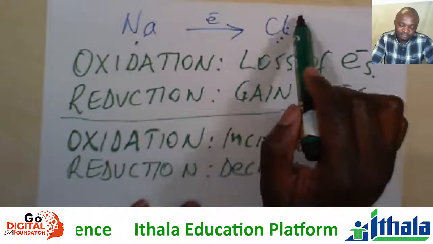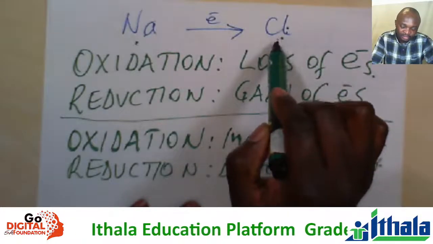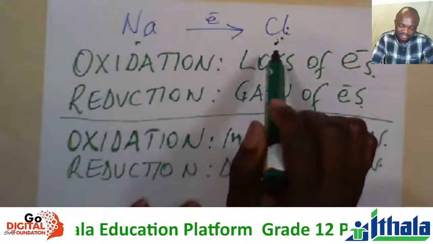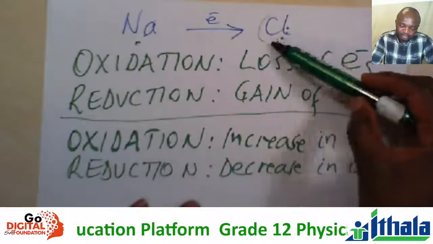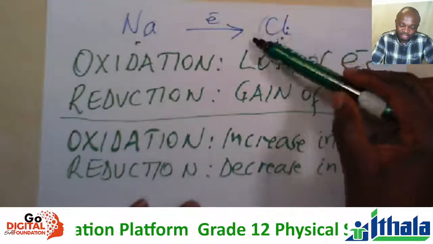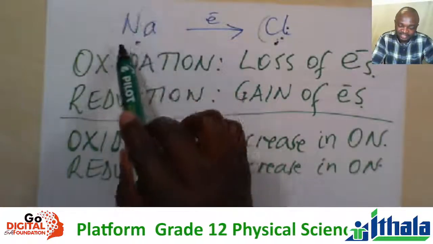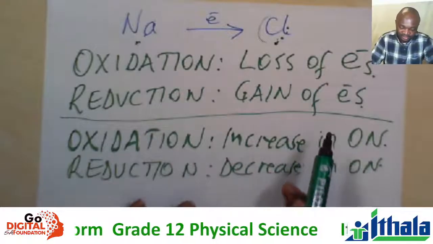So chlorine sombiza ngo-oxidizing agent, ngoba chlorine yona isizathu sokuthi usodium abe oxidized. Chlorine ube reduced ngenxa ka sodium. So usodium sombiza ngani? I-reducing agent.